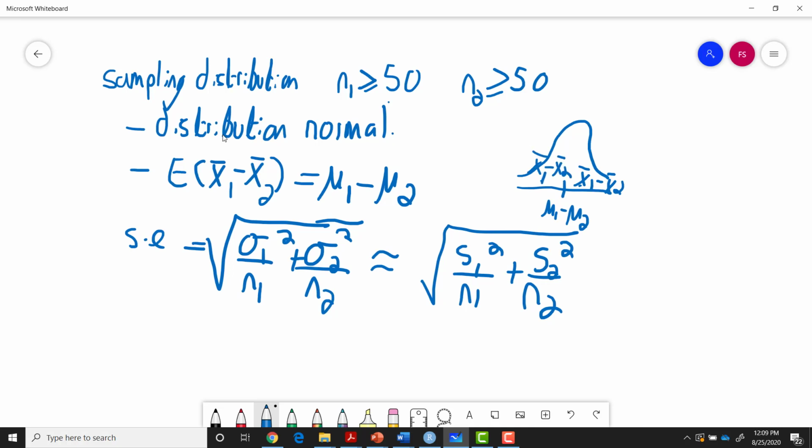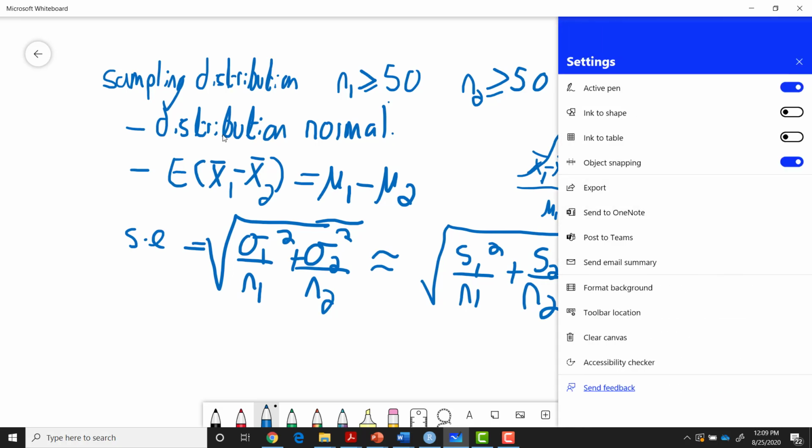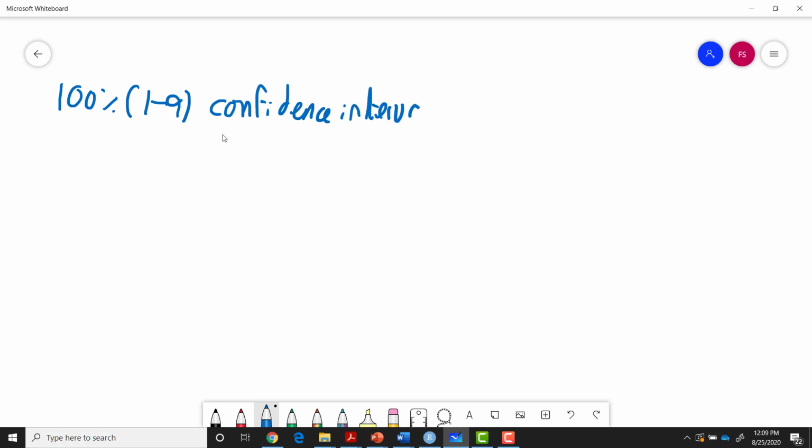And again, with a confidence interval, we flip it around so that X bar 1 minus X bar 2 is at the center. So now let's just do the confidence interval straight out. So we've got a 100%, 1 minus alpha confidence interval for mu1 minus mu2.